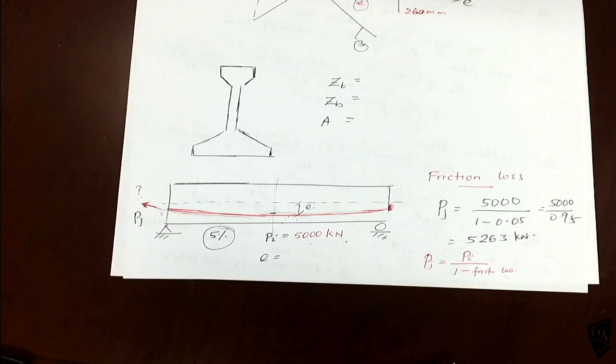Okay, now I need to apply this much force, let's say 5263 kilonewton. So how many wires do I need? If you want to find the number of wires, give me a second.